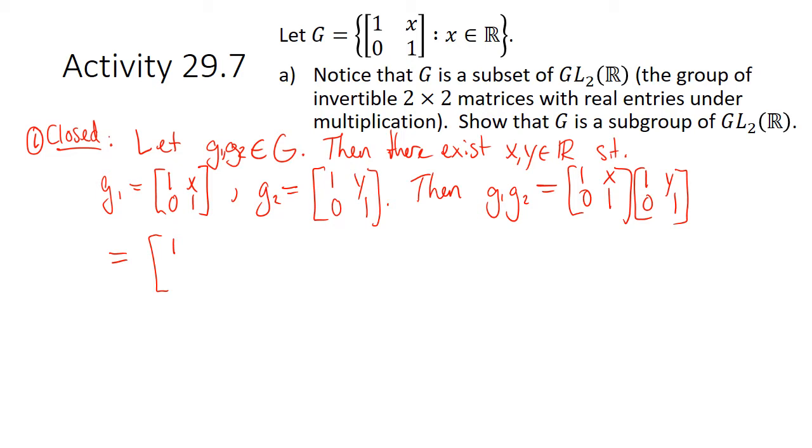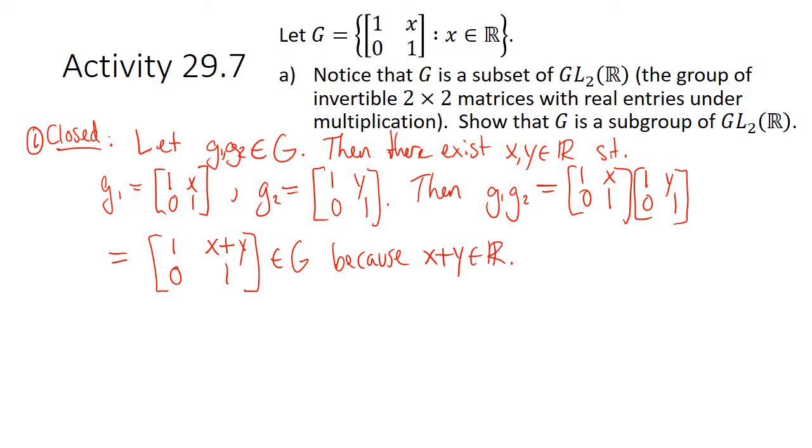Then the first row in the second column, 1 times y and x times 1, so this is going to be x plus y. The second row in the first column is going to be 0, and the last one will be 1. This is in G, because x plus y will be a real number as well, if x and y are real numbers. So good, it is closed.